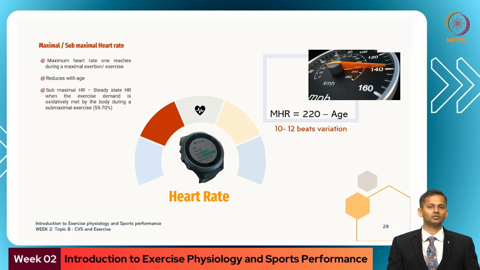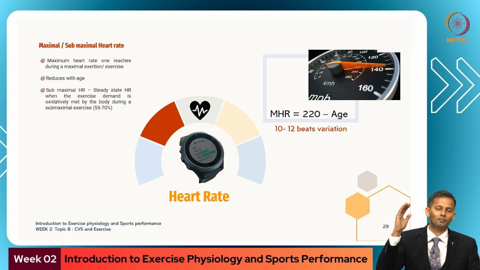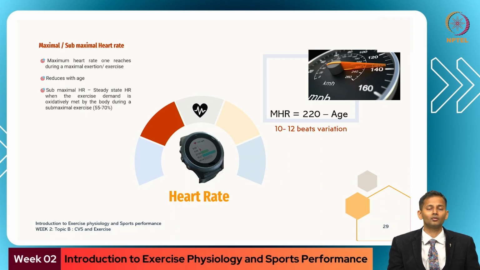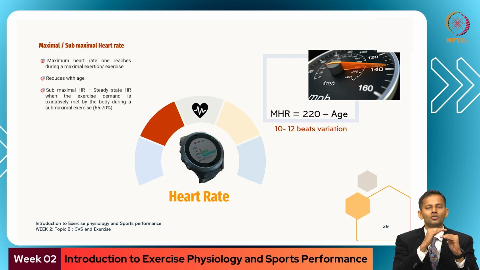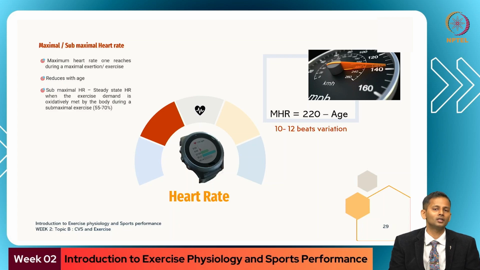What is the submaximal? If you are not performing at the maximal effort, you are performing at a lower than the maximal effort, the body reaches a state wherein you are able to meet the demands steadily. The energy systems are able to meet that demand which is imposed through the activity. Because of which your heart rate and the other parameters also become stabilized or steady, and that is called the steady state heart rate, and it's called the submaximal heart rate.